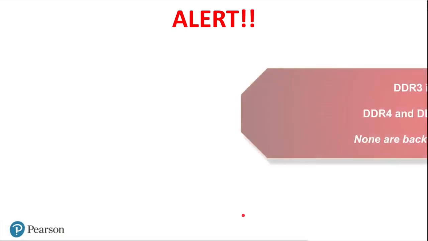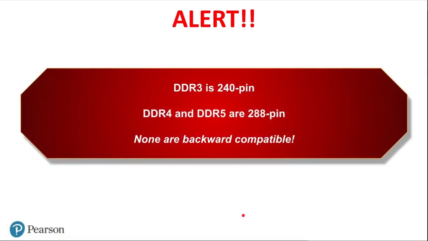And here's an alert for you. Know your pinouts for DDR. DDR3 is 240 pin. DDR4 and DDR5 are 288 pin. And none are backward compatible. That means that you cannot put a DDR5 module in a motherboard that has DDR4 slots.